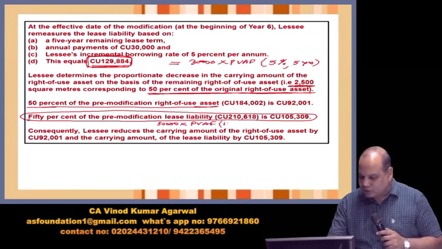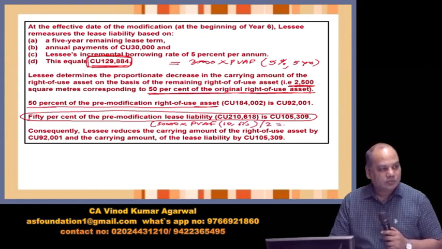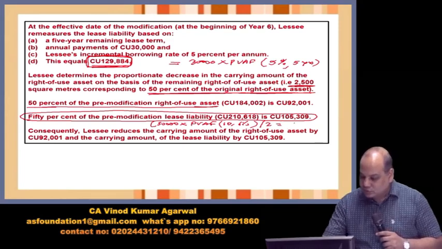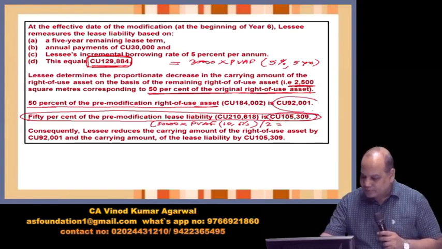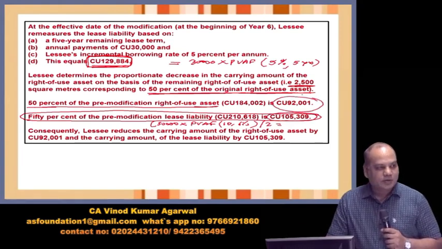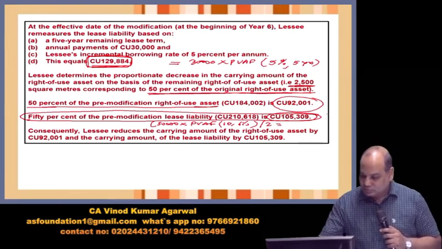First calculate 10-year 6% and then you divide by 2. So reduce the lease liability. Is it right? 105,309. So are we gaining or are we losing by removing 50%? Gaining. Liability has reduced more, asset has reduced less.